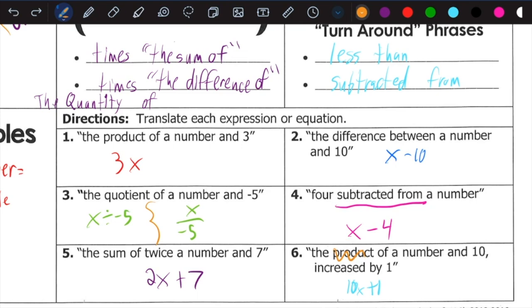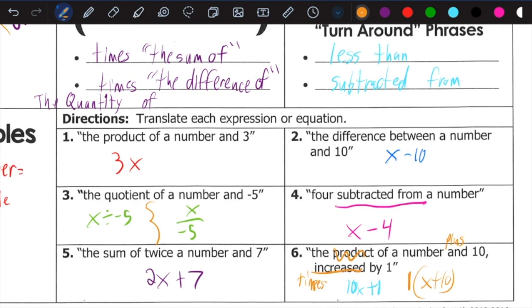So if it were to say a number plus 10, instead of increased by, it'd be times by 1. Then we would end up doing the number plus 10 in parentheses, and the times by 1 would be outside the parentheses.